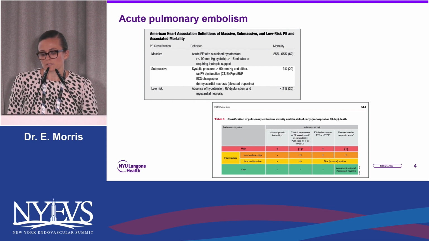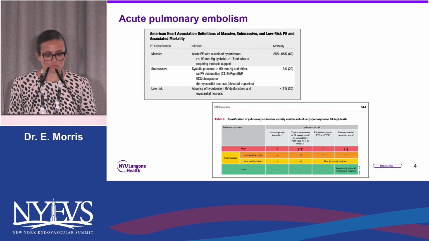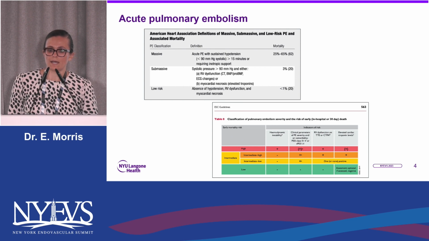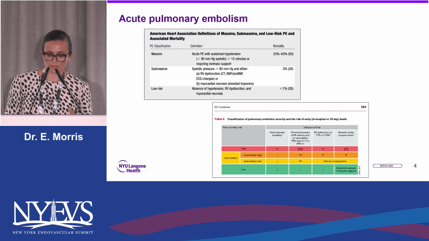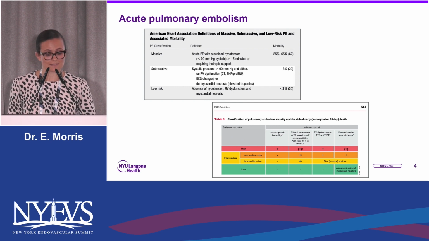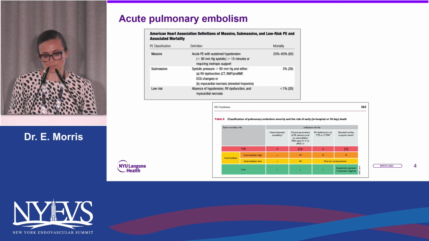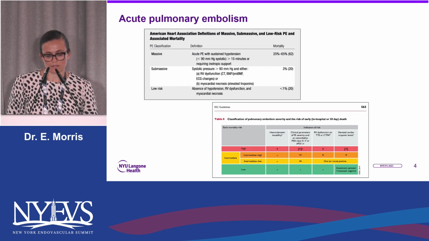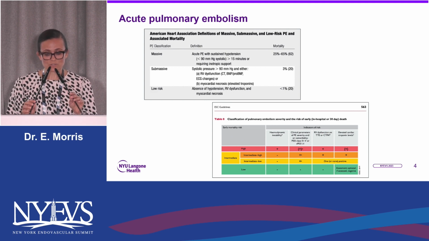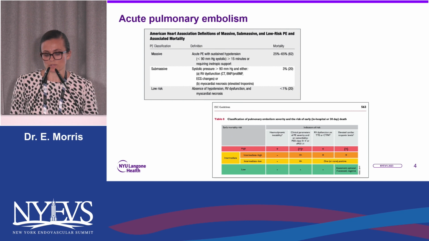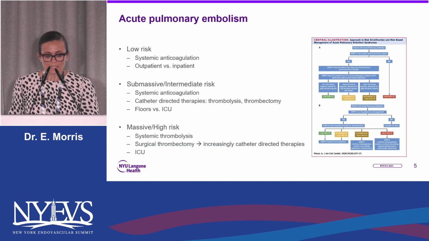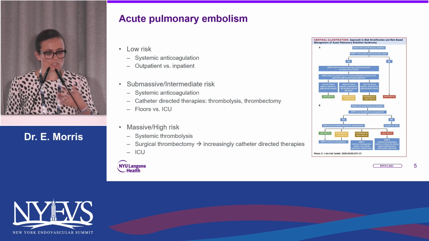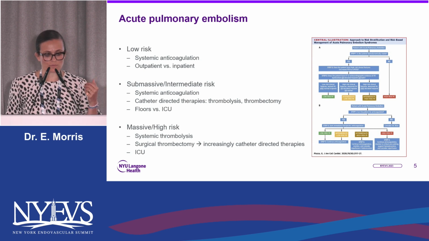Use biomarkers such as the BMP, the troponin, EKG changes to delineate patients who have normal blood pressure into either low risk or submassive or low or intermediate risk, and then the presence of hypotension suggests a massive or high risk PE. And as you can see in the chart on the top, there's a corresponding increased risk of mortality as well.